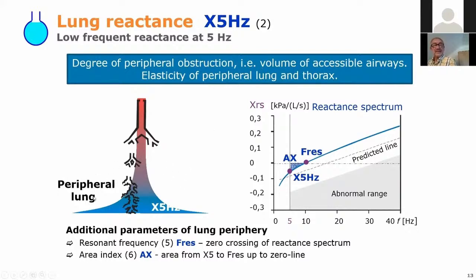You see, this parameter is located here. And there are two additional parameters, the so-called resonant frequency and the area index, which give specific information about the peripheral airways and support a pre-post assessment or challenge testing.